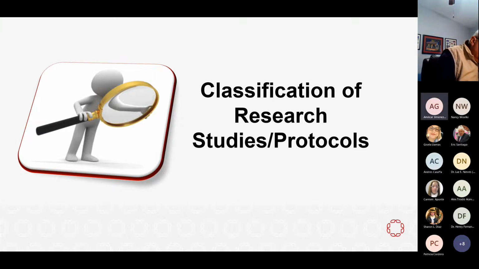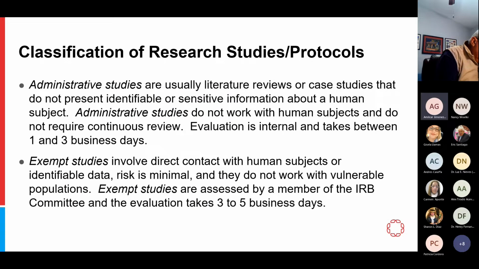Classification of research studies and protocols. There are 4 main classifications: administrative studies or administrative review. These ones are usually literature reviews or case studies that do not present identifiable or sensitive information about a human subject.